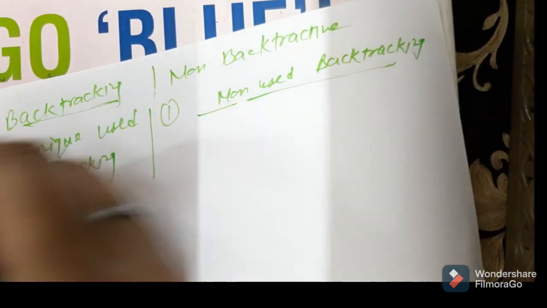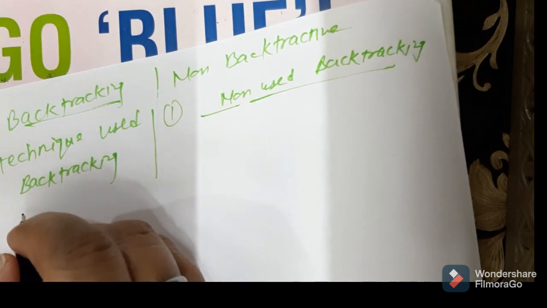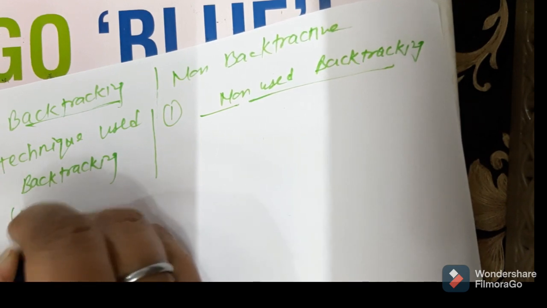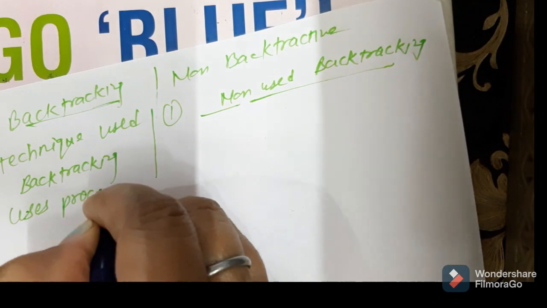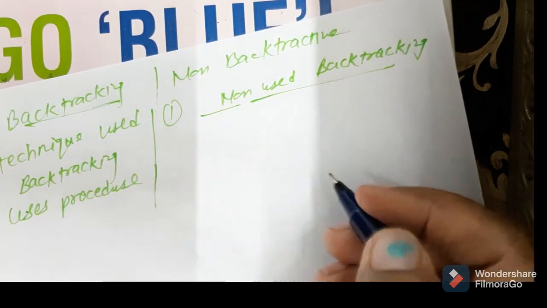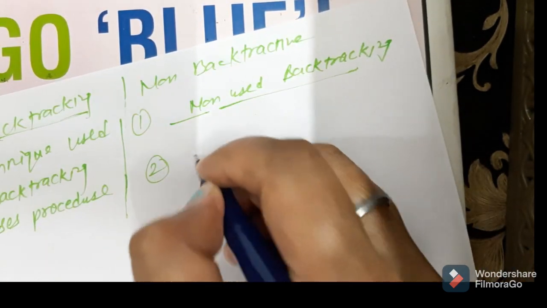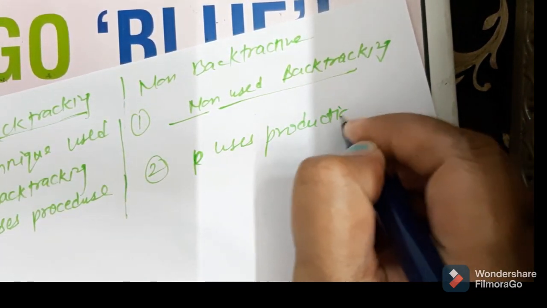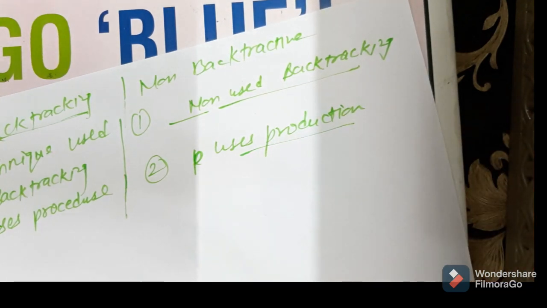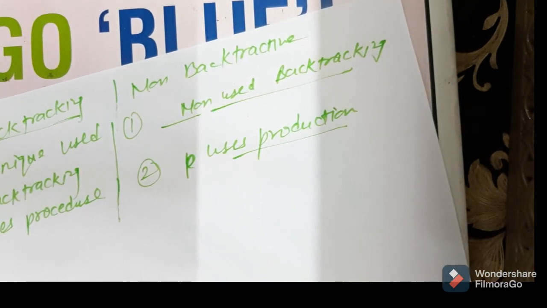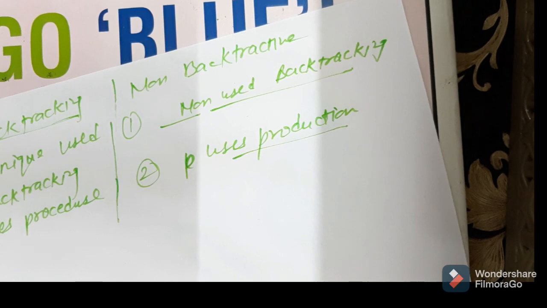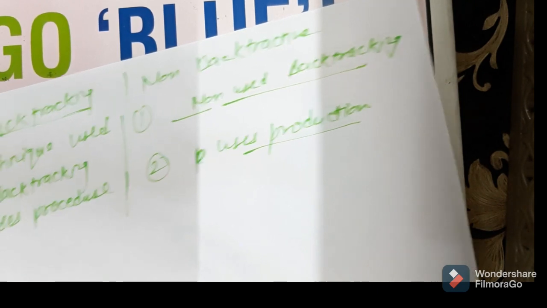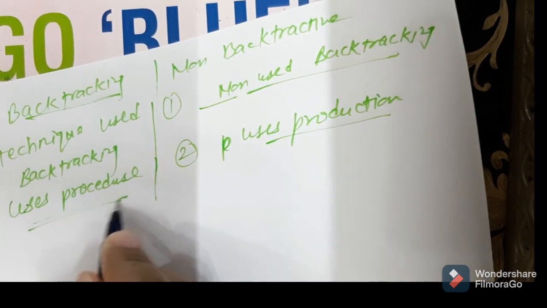Here the backtracking parser uses procedures, means function calls, but here it uses productions. After choosing a production, the parsing is done. There, parsing is done by using the procedure.